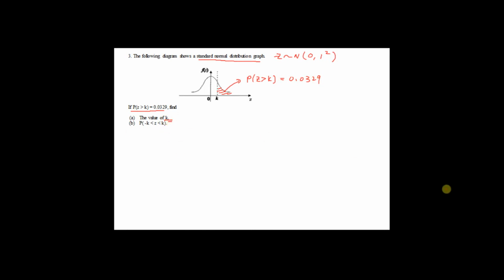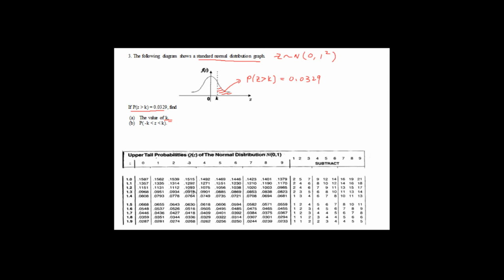So now we have to bring up the table for the standard normal distribution. So this is part of the table for the standard normal distribution. So 0.0329, this is the upper tail probability. So you can search for 0.0329 directly from the table. Remember, this is probability, so you are going to search inside here. Inside here represents probability.